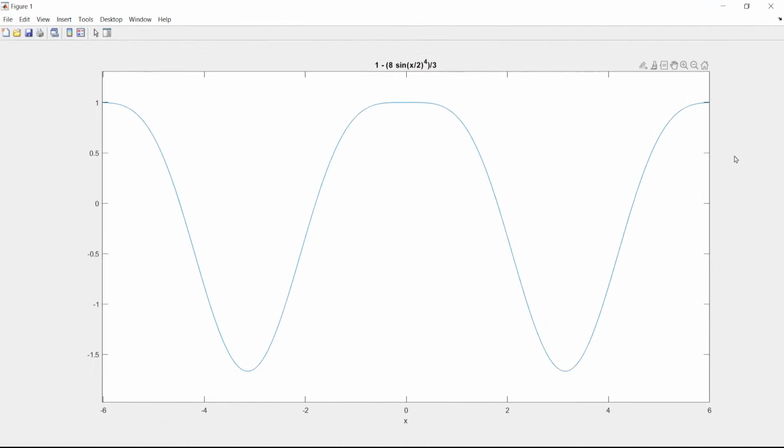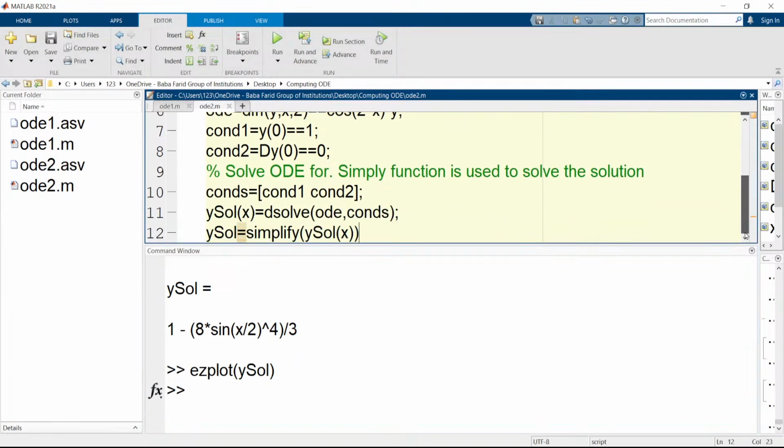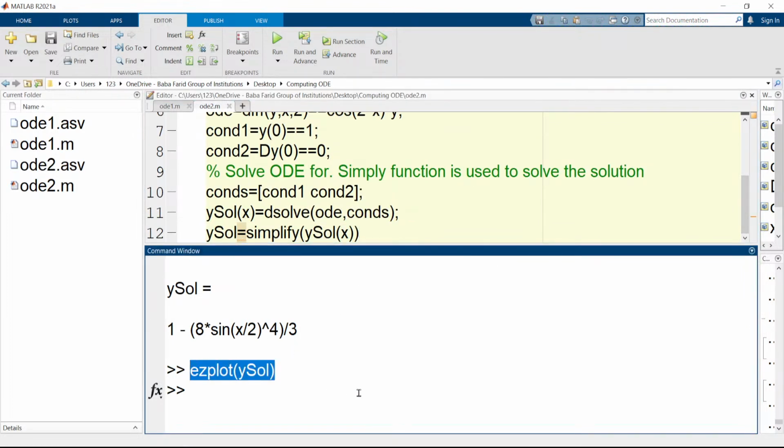After simplifying, if you need to plot, you can do it in this way. EZ plot is a very simple statement for the graphical interpretation, and if it is required, you can use it at this place also.